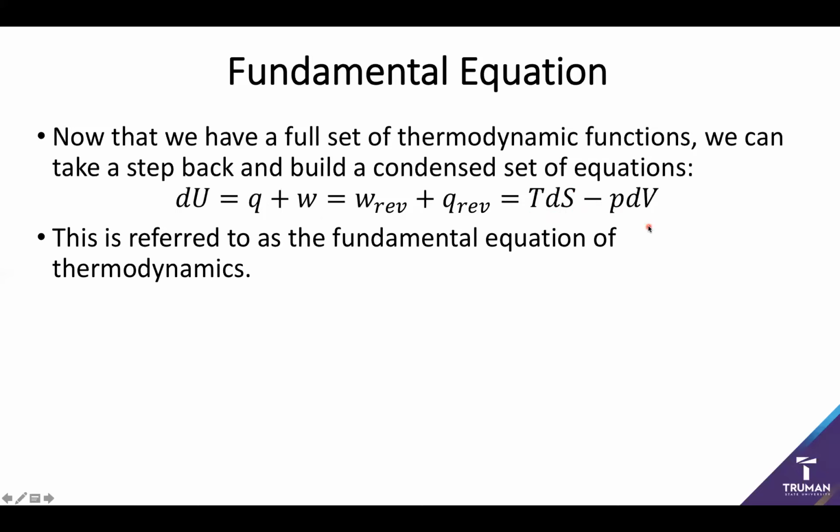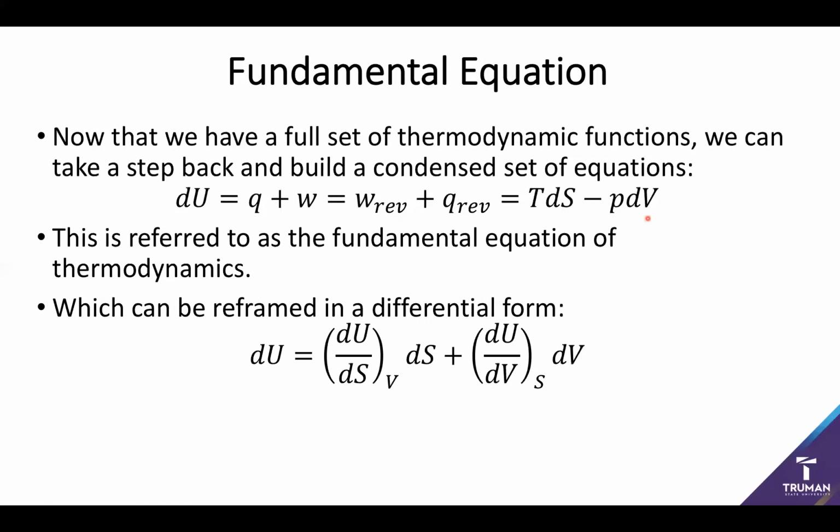We can actually do a lot with this equation to relate three of our major variables: the total internal energy inside of a system, the degree of order inside the system, and simply the change of volume it occupies. Again, this makes a really powerful set of equations. However, we can also get a little bit more insight if we look at this through a calculus lens, viewing it in the differential form.